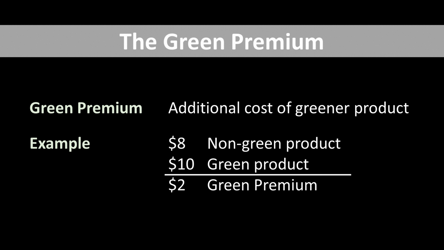Now let's review decarbonization economics. The difference in the cost of a green product, which does not emit carbon dioxide, and its carbon-based equivalent is referred to as the green premium. For example, if a carbon-based product costs $8 and its green equivalent costs $10, the green premium is $2.